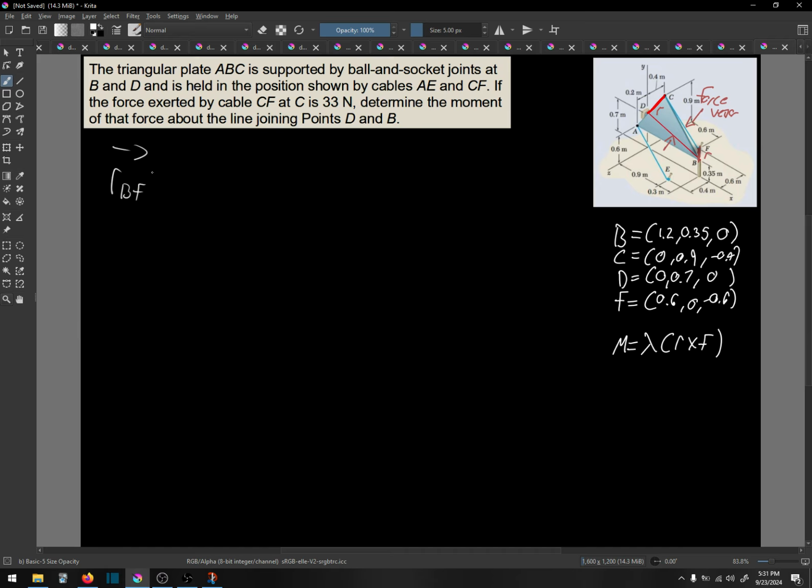And the vector is going to equal negative 0.6, negative 0.35, and negative 0.6 again.